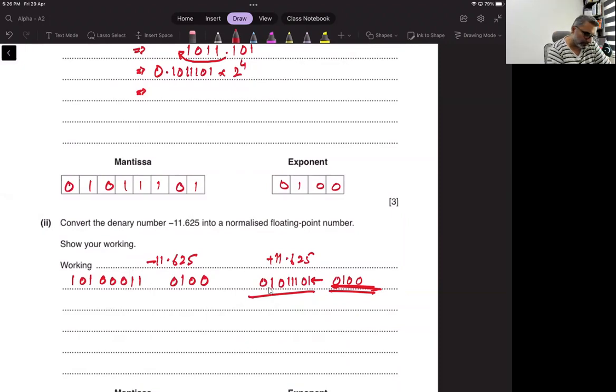So up to the first one it is 1, and then 0 becomes 1, 1 becomes 0, 1 becomes 0, 1 becomes 0, 0 becomes 1, 1 becomes 0, and 0 becomes 1. And we keep the exponent the same. So this is positive, and this one is negative.